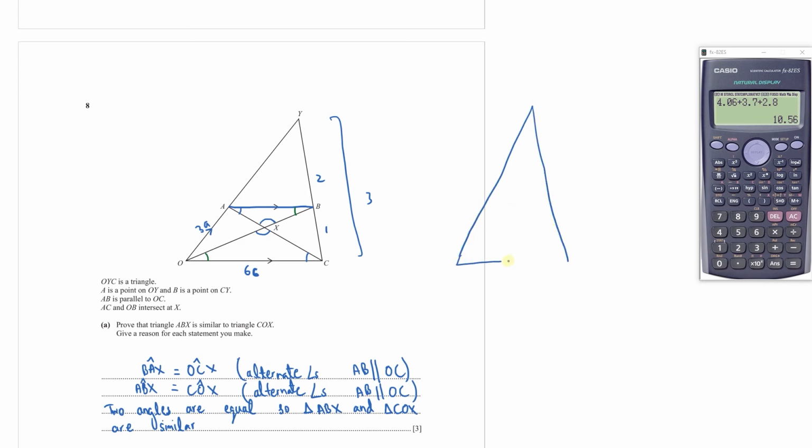Okay, this is better. So this is O, Y, C, and A, B. A, Y, B and O, Y, C are similar triangles because these are parallel lines. This angle is equal to this corresponding angle. This is also the same, these two are also corresponding angles. And then this third angle is the common angle.